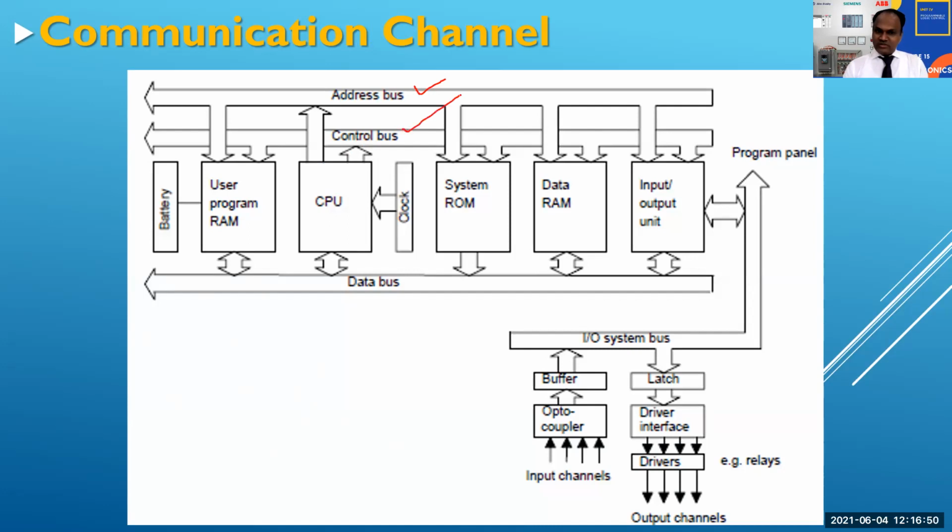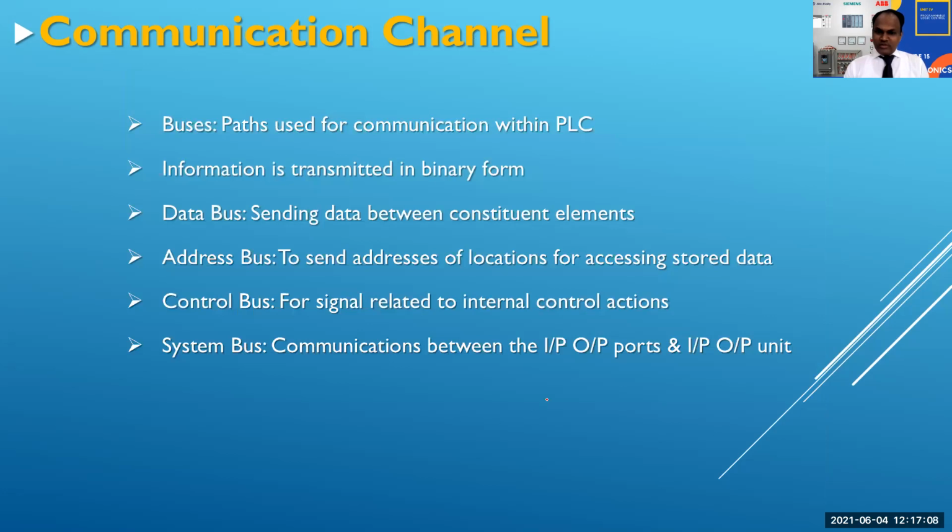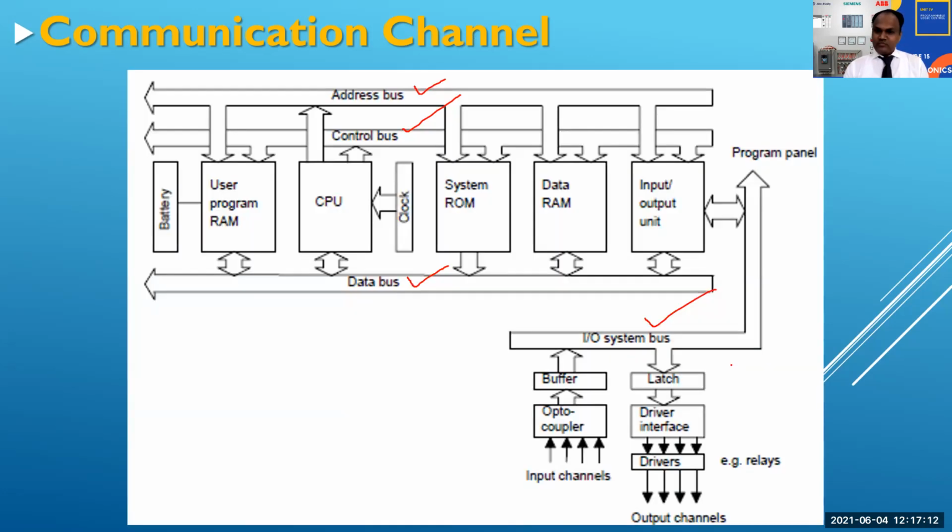Control bus is communicating control signals. Data bus will deliver the data, and the input output system bus is communicating with inputs and outputs, between input output ports and input output units.